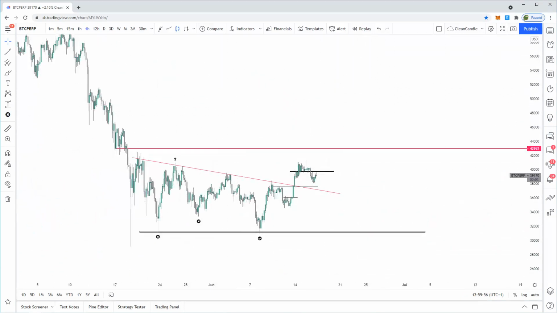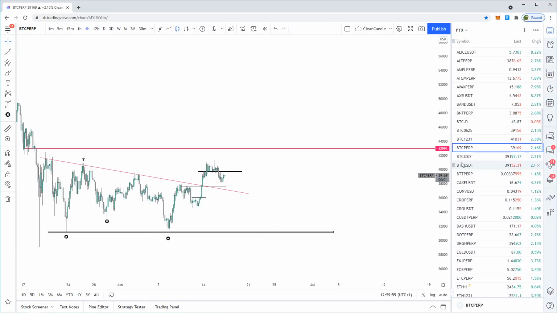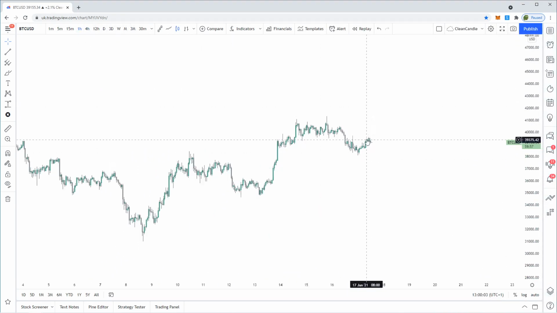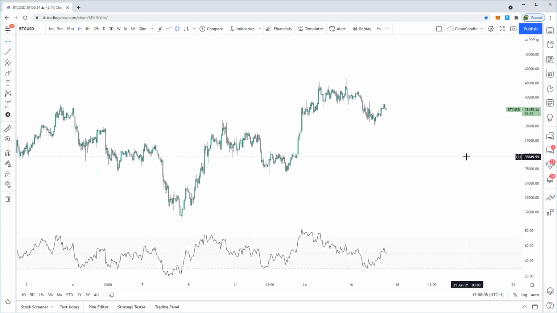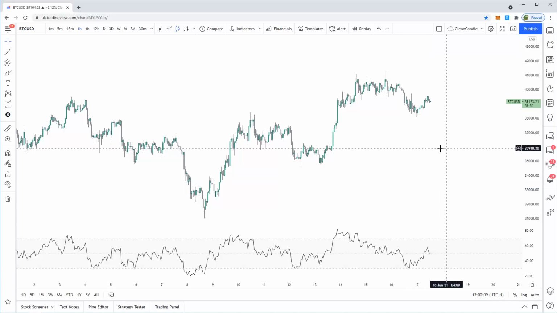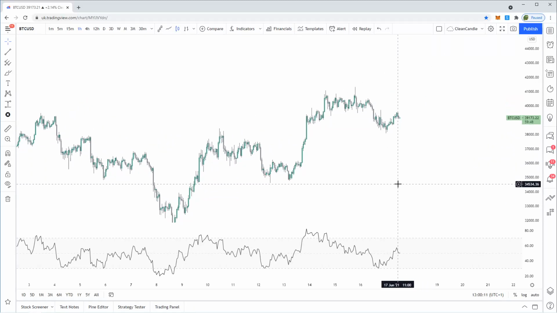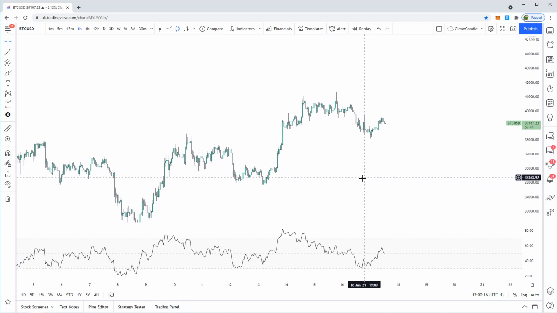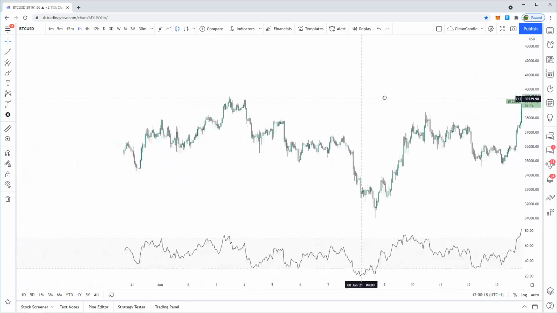So we're going to current action for BTC. I'll get a clean chart up so we don't have to worry about any mess on here. And we'll take a look at some of the current price action that we're seeing on BTC. So let's start off with a nice bearish divergence. What one do I want to take?